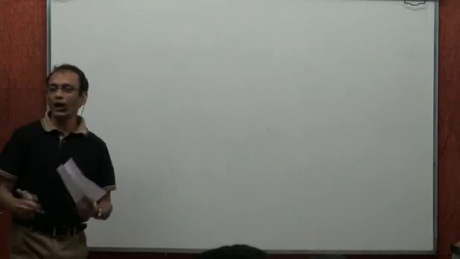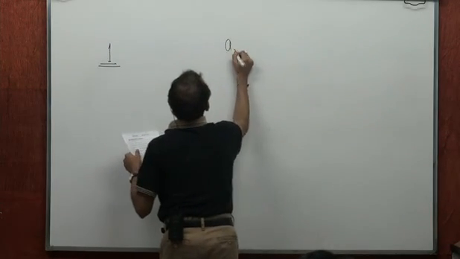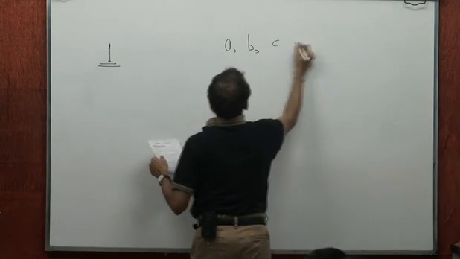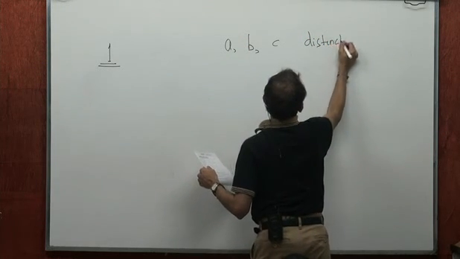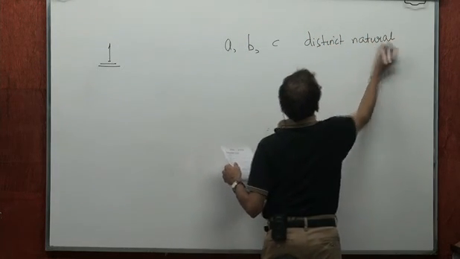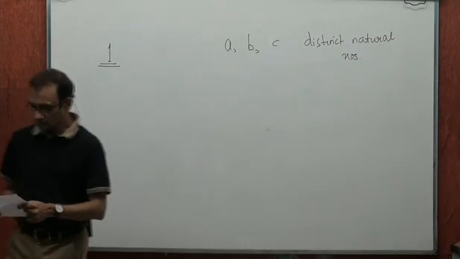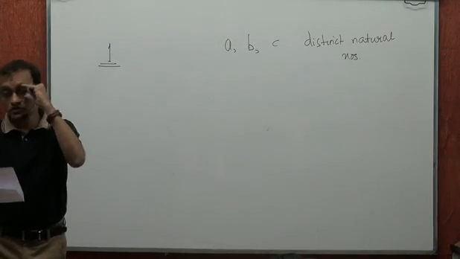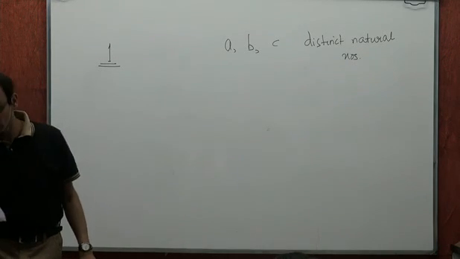So we have problem number 1, which says A, B, C are distinct natural numbers. A, B, C are distinct natural numbers. Right? And there are two other conditions given in the form of equations.